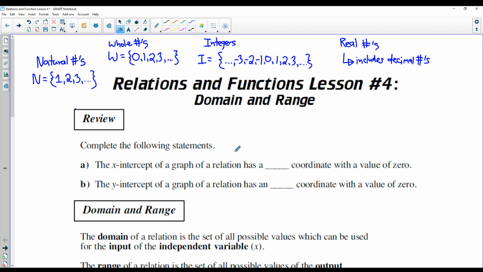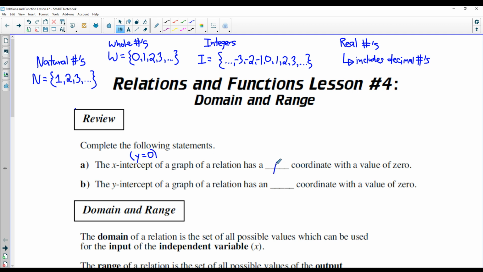But let's start off just by quickly reviewing what we talked about last time, which is determining x and y intercepts of a graph. So the x-intercept of a graph of a relation has a y-coordinate with a value of 0, that is, when y is equal to 0.